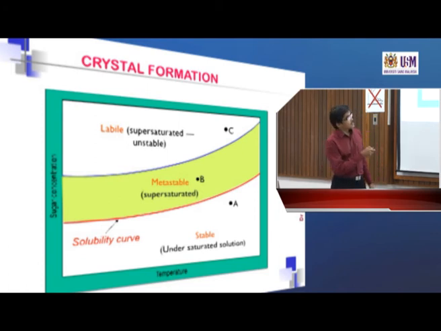But there is a region above the red line where, although the solution is in the supersaturated state, it cannot crystallize. This is called the metastable state. In the metastable state, the solution is supersaturated, but it cannot crystallize spontaneously.